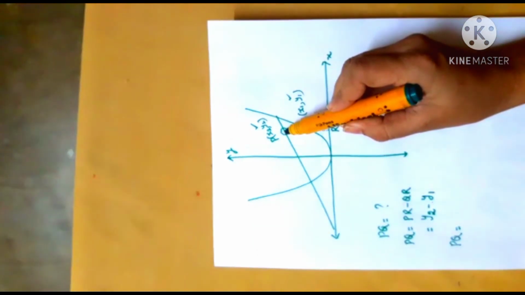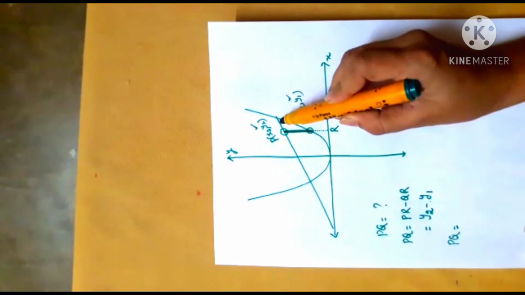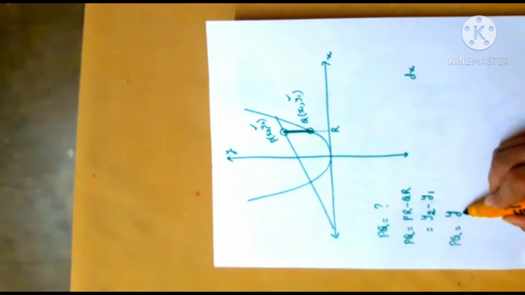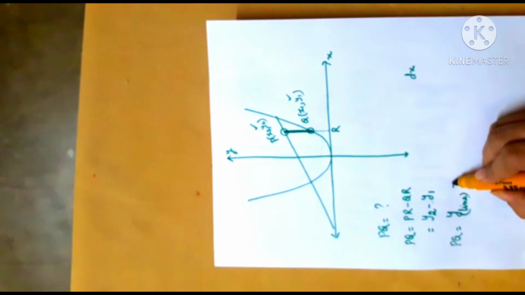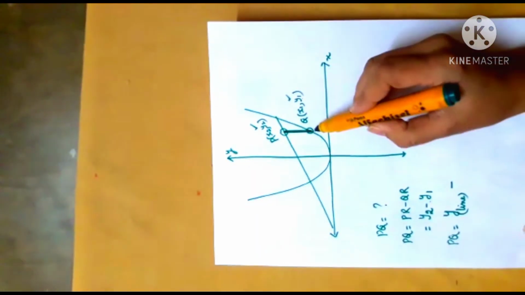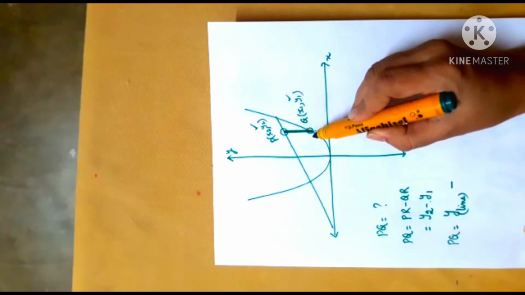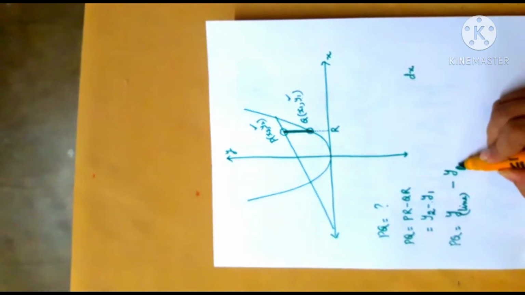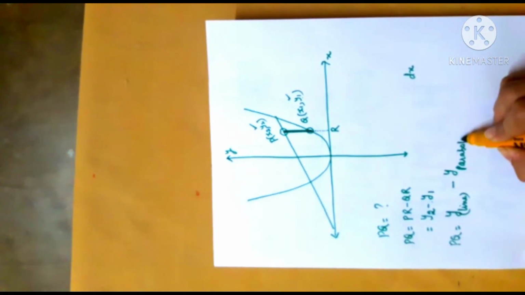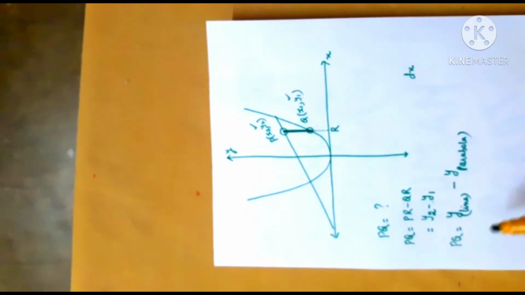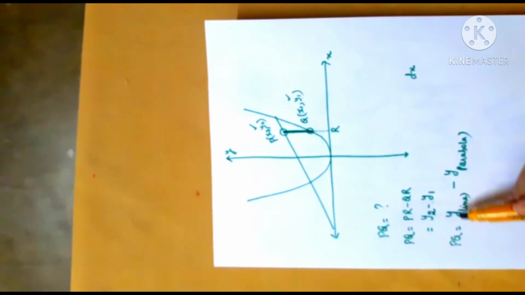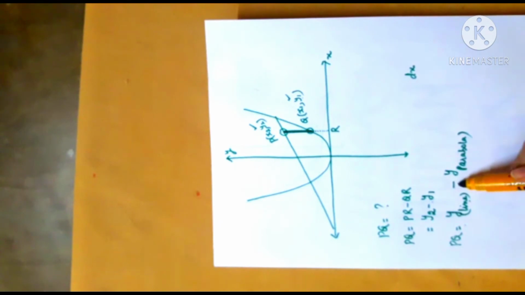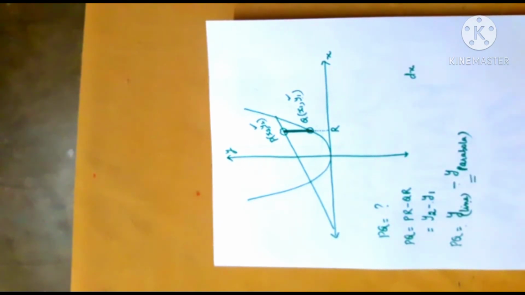Now, this point P lies on the line. So, y2 means it is y of line, minus y1. This point Q lies on the parabola. So, this y1 will be y of parabola. So, the length of PQ is given by y of line minus y of parabola.